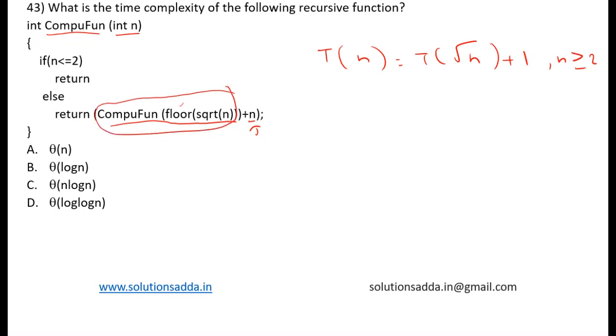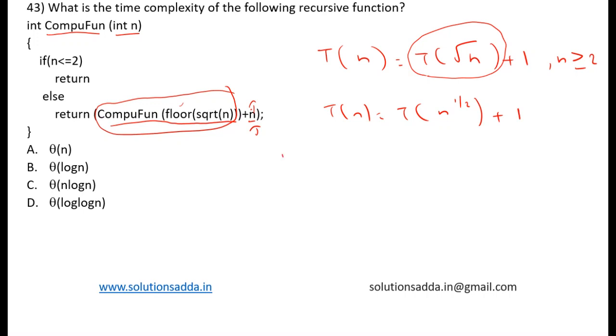Based on the value of n, we are just adding this value, so this is like a constant addition only. So the recurrence part is only T of root n. So let's calculate. We can write it as T of n is equal to T of n to the power 1 by 2 plus a constant 1.